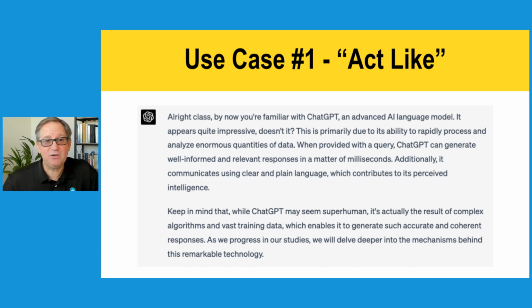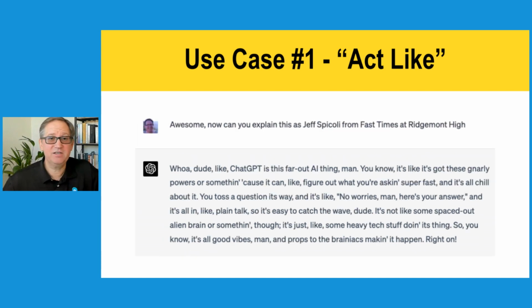So you can kind of see what it's doing here, right? And we're still in the same conversation. So I didn't have to tell it how to explain it because we already discussed that. I just told it how to act like. So here's another example.